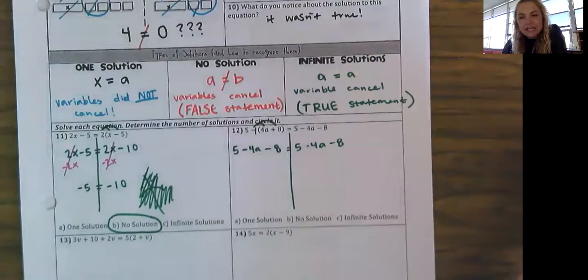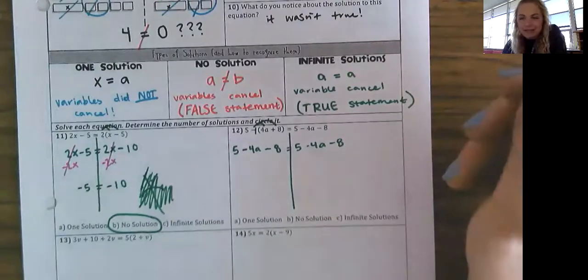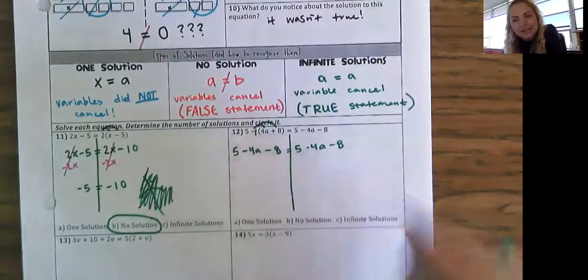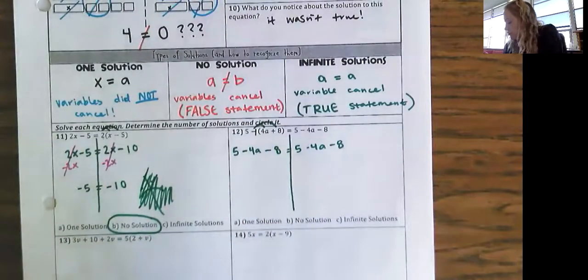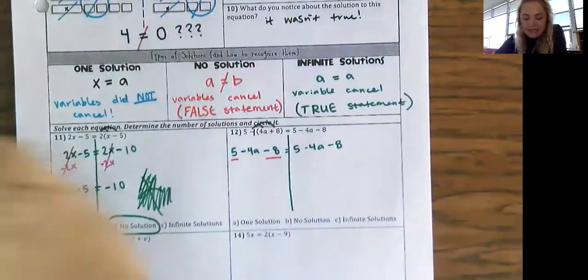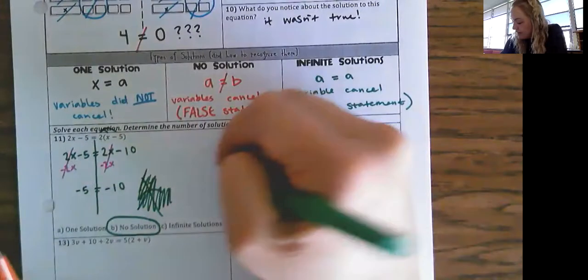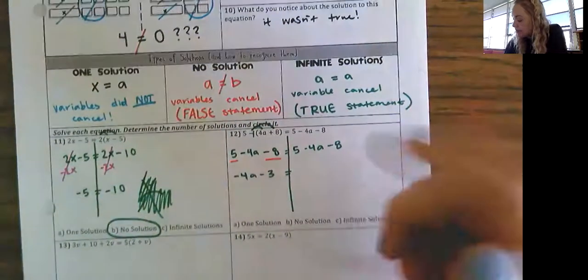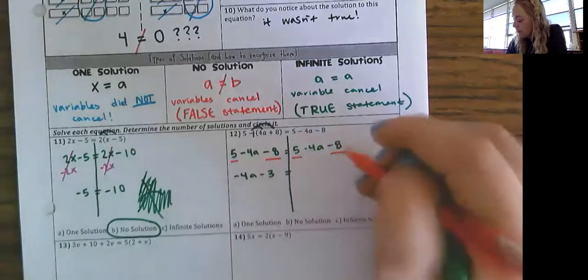That smells like deja vu. Look at all this stuff that's the same. If these are the exact same, think about what that's going to do with the rest of the problem. I'm going to start subtracting stuff and adding stuff, and things are going to cancel from both sides. Let's see what happens. I'm going to combine 5 minus 8 on the left side. 5 minus 8 is negative 3. So I have negative 4a minus 3. And on this side, I can also combine 5 and negative 8.